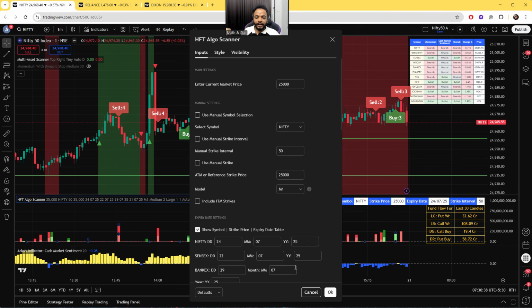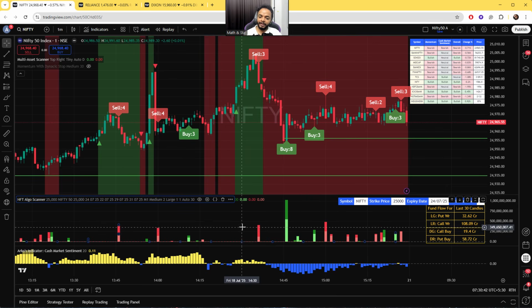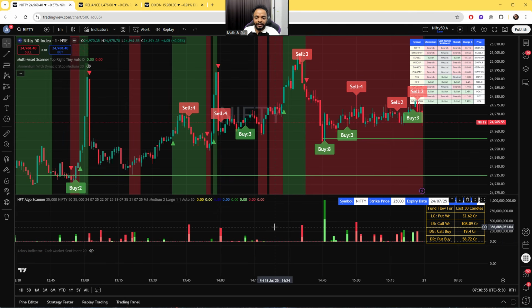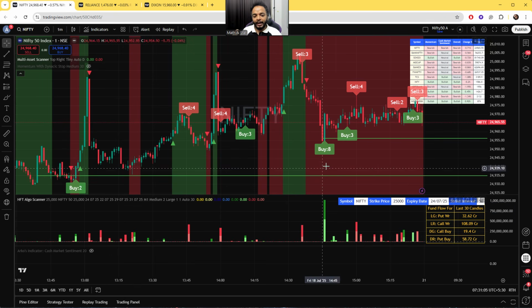Now coming down to the cash market sentiment indicator as well. Those who are on a free basic TradingView account can simply go with the HFT. My recommendation would be, because you can only put two indicators, go with the HFT and go with the multi-asset scanner.